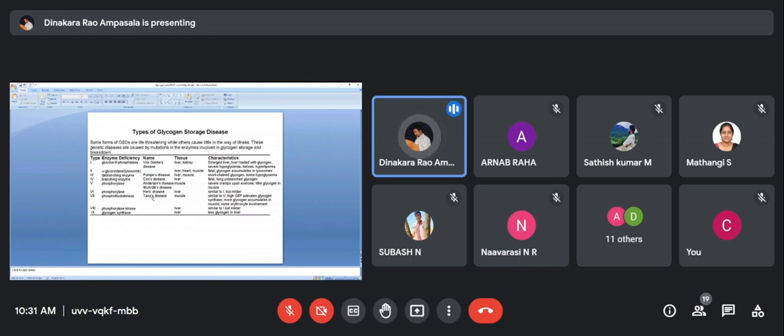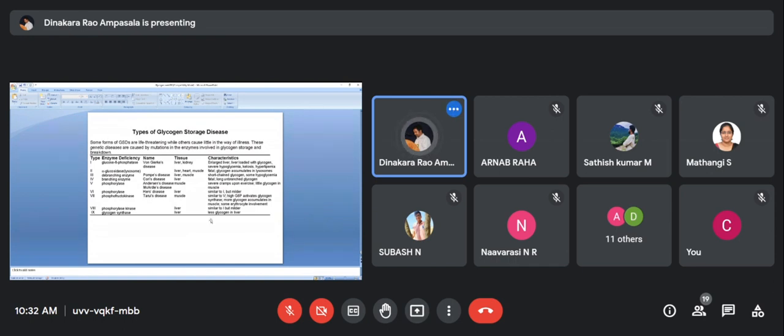Of course they are not fatal, but some kind of abnormality of organs can be noticed. With mutations in these enzymes, you can see enlargement of the liver loaded with glycogen, and other liver abnormalities. So that's about glycogen synthesis.